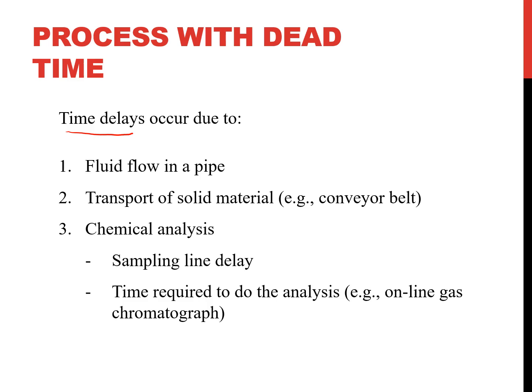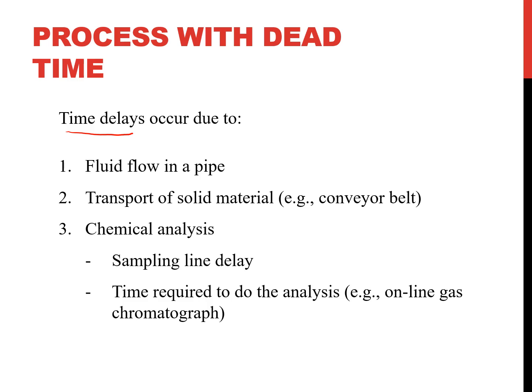Of course, if we connect the first tank and the second tank with piping, this piping connects tank 1 and tank 2. We cannot assume that after tank 1 exits, the flow will go quickly to tank number 2. There will be some delay because of the friction, because of the viscosity of the liquid, which makes the fluid resist the flow. So this is classified as time delay.